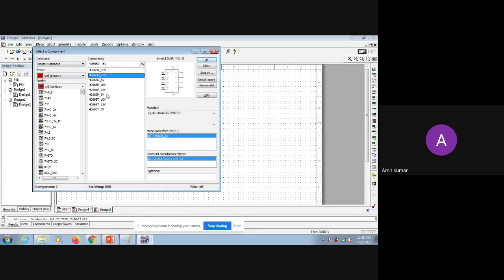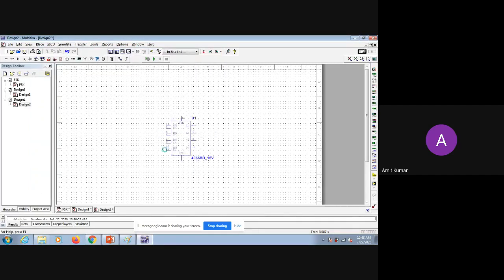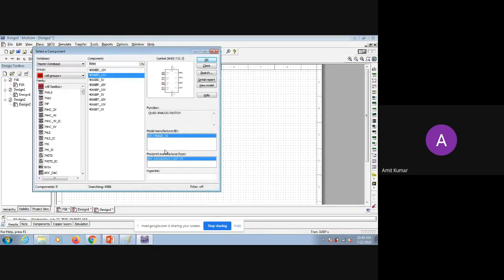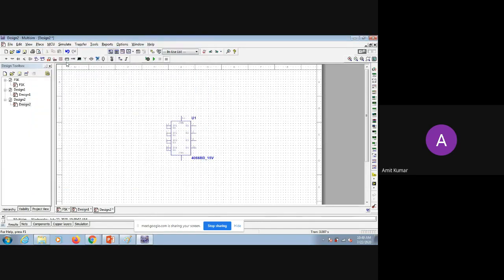We will go for 15. Just we have placed it. Now I will show you how it is operating. First we will see the operation.